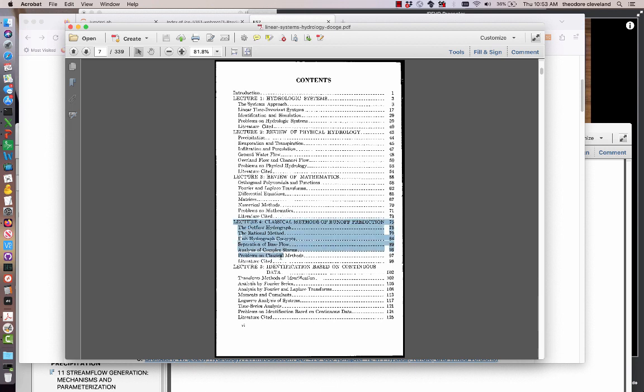Lecture 4 is the one that you're asked to read for this exercise, and it goes through the unit hydrograph concepts. Let's see, page 84. Looks like it's off by one page. That's 6, reporting is 7, so 84 should be 85.